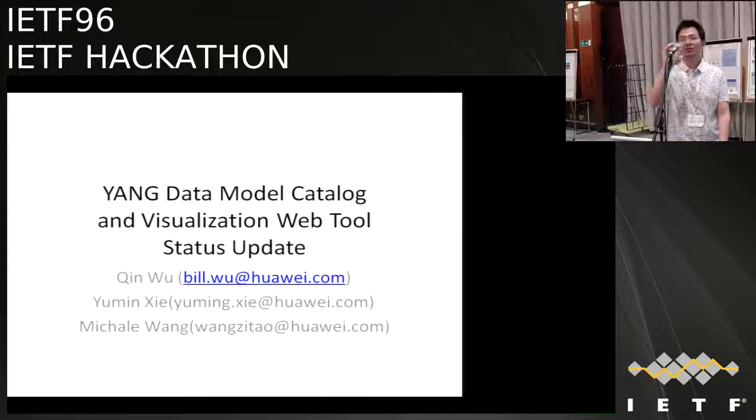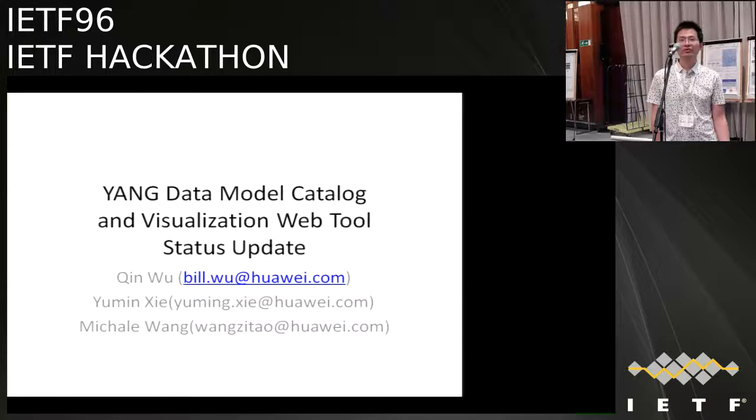Hello, my name is Qin Wu. I want to introduce these results regarding the model catalog. This is part of the Yang work. The model catalog was motivated by the OpenConfig model draft, and the reason we do this work is that today we have a large number of Yang models being proposed not only in the IETF but also in other SDOs.